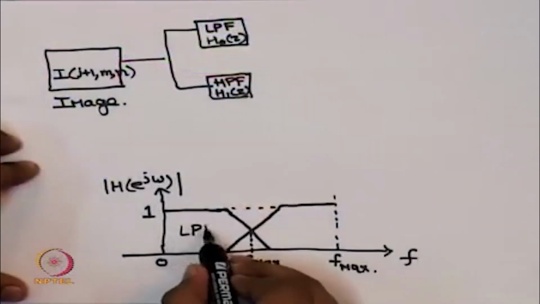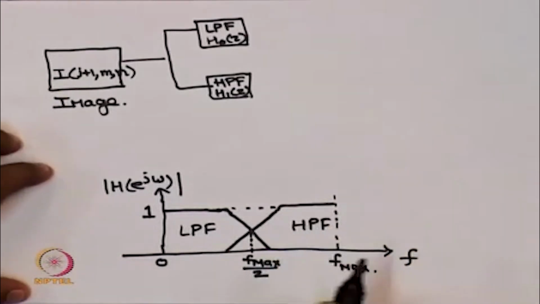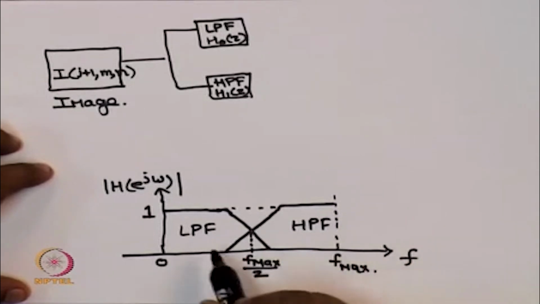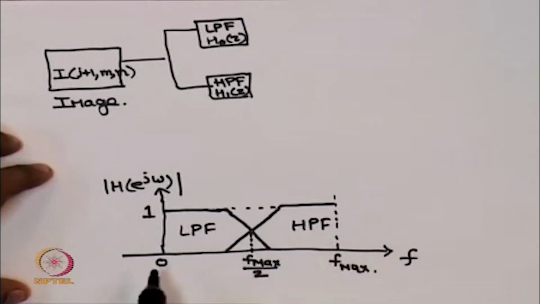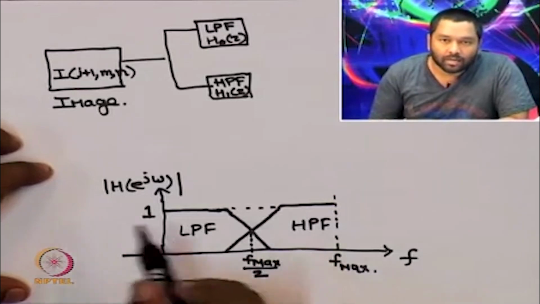Since we are splitting the signal, this is a low pass version and this is my high pass version. Since I am splitting the signal into these two bands and the bandwidth is half in each of these subbands, we will get redundant samples, and according to the Nyquist criteria, we will not lose any information even if we remove half of the samples from our signal.